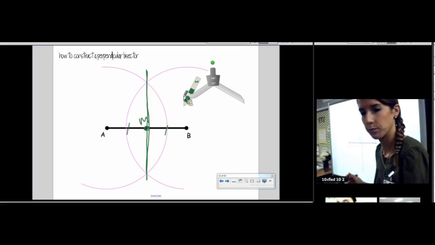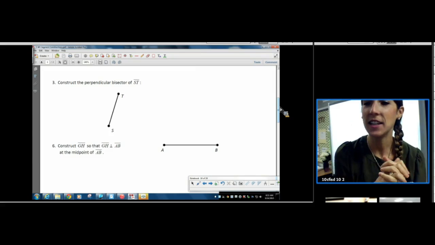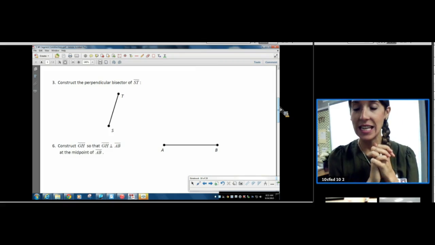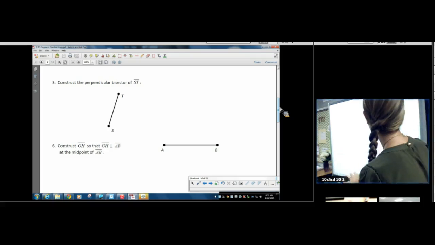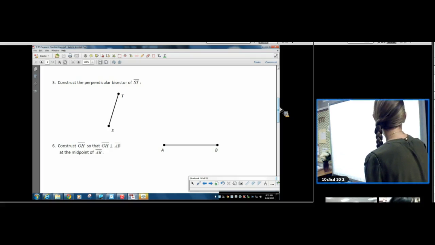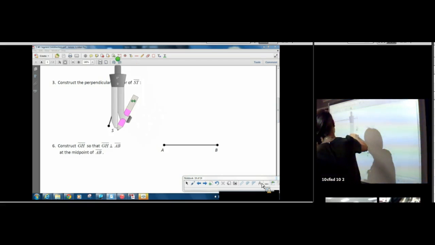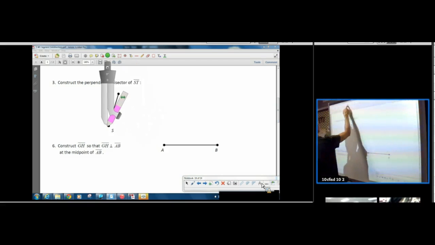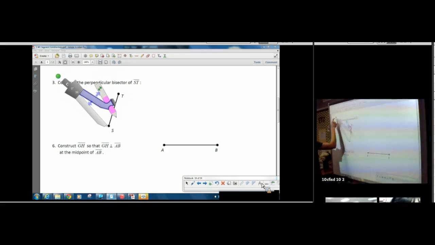Okay, so the next one on the worksheet, which you don't have, sorry, says to construct the perpendicular bisector of ST. Your segment's not always going to be horizontal, but that's not really going to change how you're going to do this. You're still going to put the needle on one end point, and you're still going to open it more than halfway.